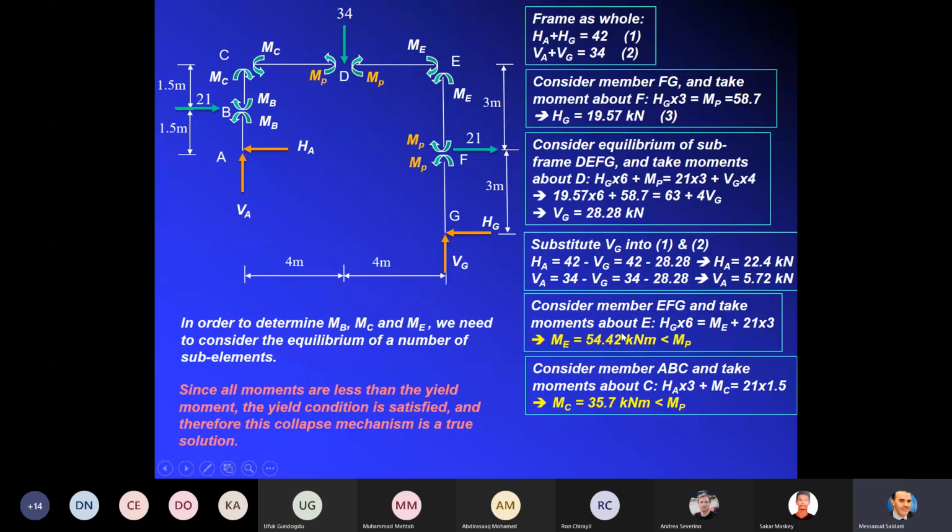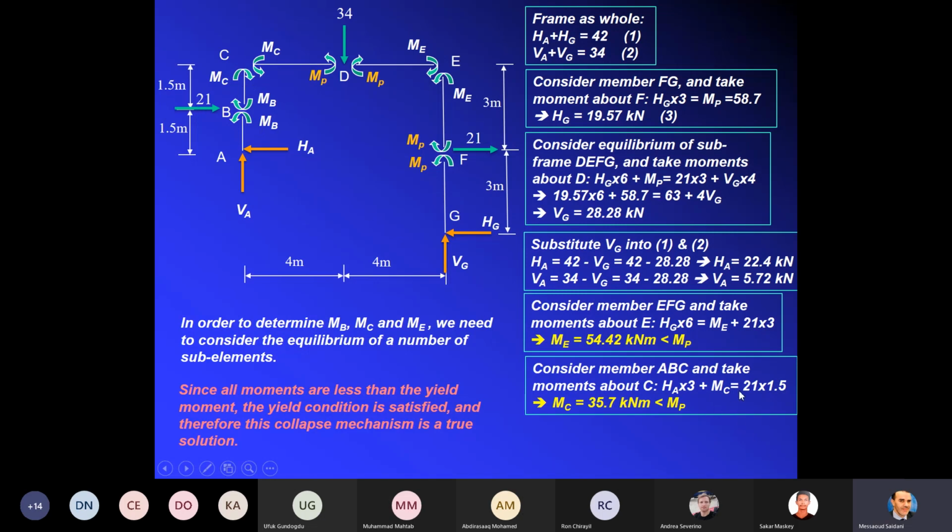This MC here is clockwise. So plus MC equals anti-clockwise, we have 21 times 1.5. I repeat, about C, clockwise, HA times 3 plus MC equals anti-clockwise about C, we have 21 times 1.5.